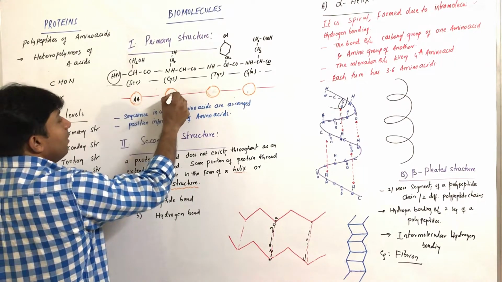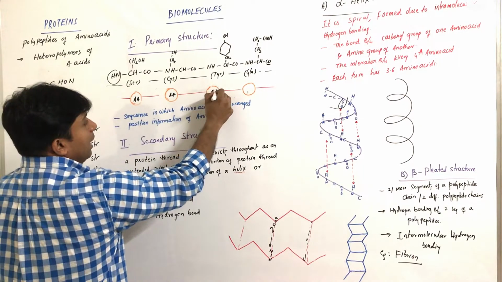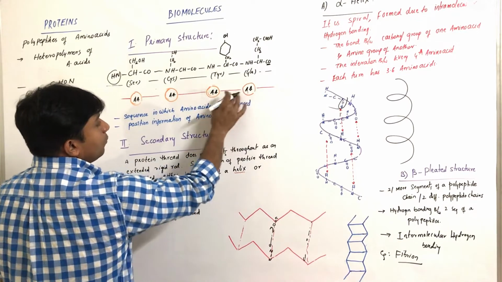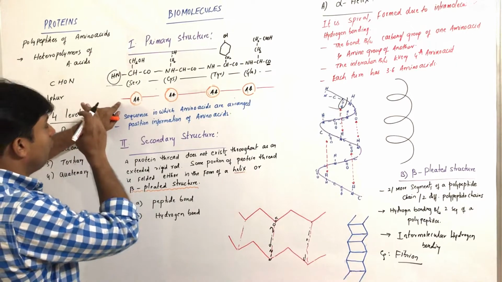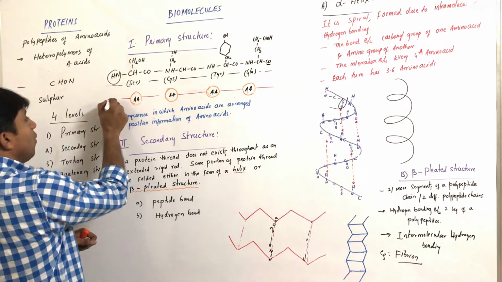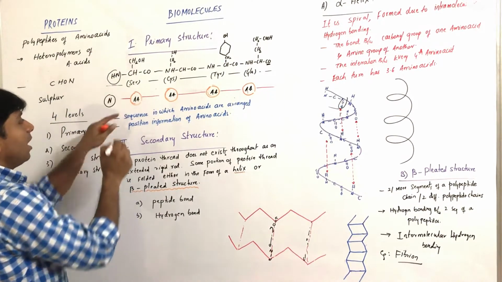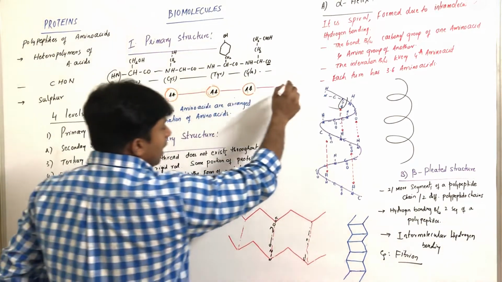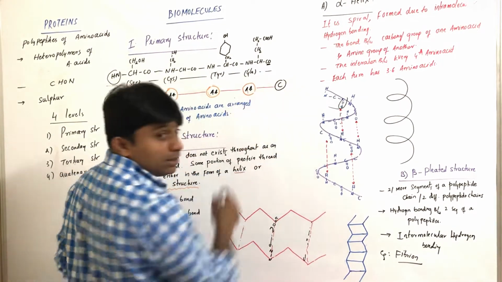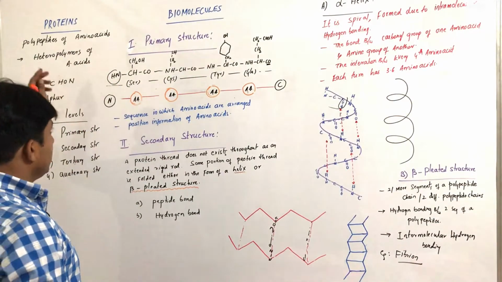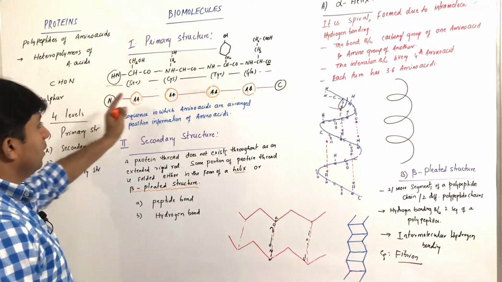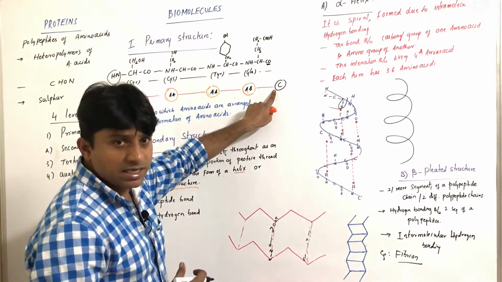These are all the amino acids, and all these amino acids in a protein molecule are connected by the peptide bond. So this is the first amino acid, which is called the N-terminal amino acid, and the last amino acid is called the C-terminal amino acid. Because your left side is called N-terminal and right side is called C-terminal.